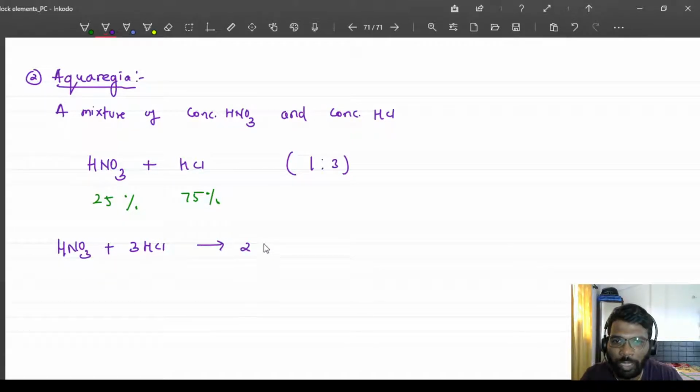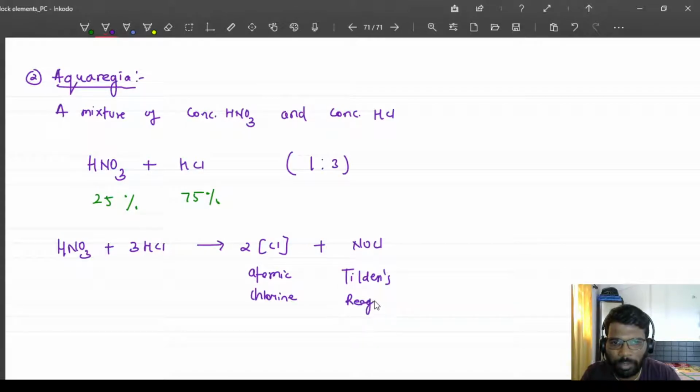We get atomic chlorine plus NOCl. NOCl is called Tilden's reagent, plus water. This is the balanced chemical equation.